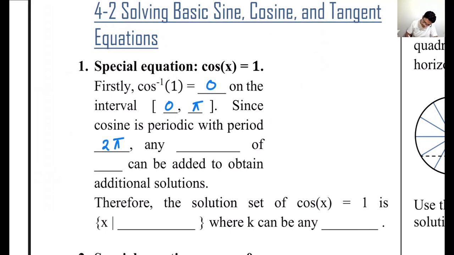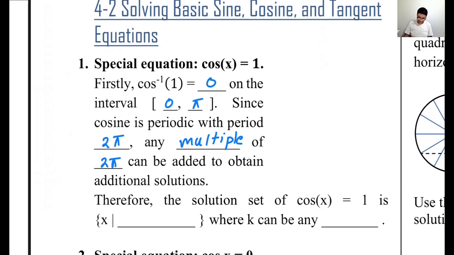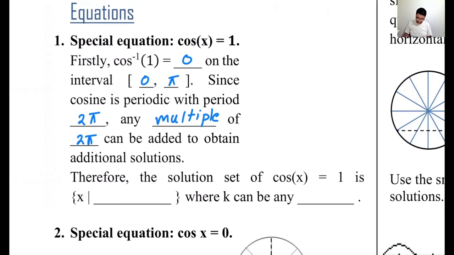Any multiple of 2 pi can be added to obtain additional solutions. One solution is 0, and then you get the same thing again at 2 pi, 4 pi, 6 pi, and so on. Similarly, on the left, you could move 2 pi to the left, at negative 2 pi, negative 4 pi, and so on. So this is a special situation and special type of solution.